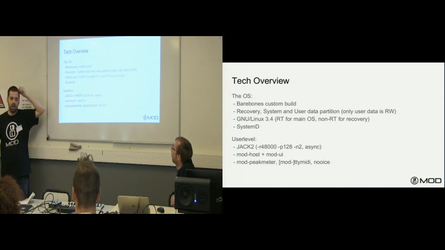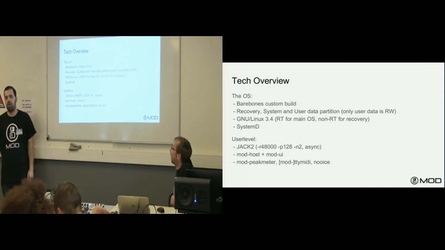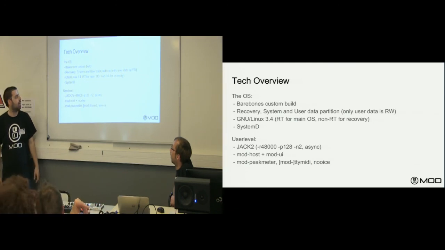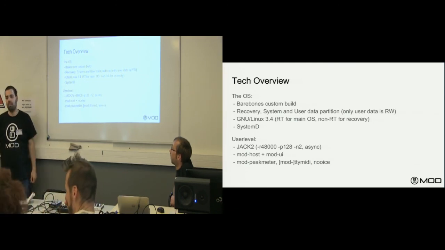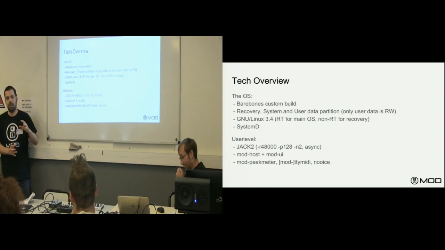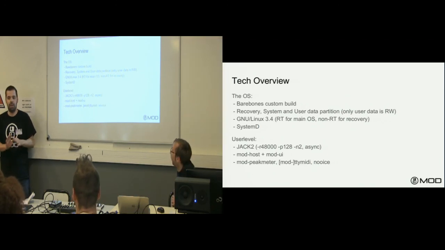We're currently running the Linux 3.4 kernel. I know it's a bit old, we'll get to that soon. For the recovery partition, we don't use a real-time one, to be on the safe side. We also use systemd for managing all the services and the booting process, and make sure everything is synchronized.